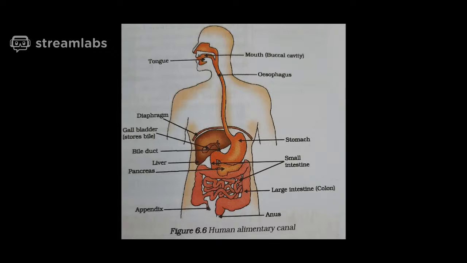When the food enters into the stomach, a very important role is the secretion of gastric juice. Many times we feel gastric problems, right? Acidity problem because of over secretion of gastric juice.